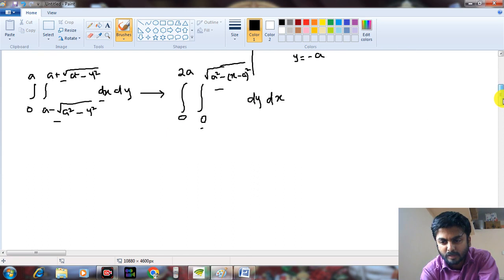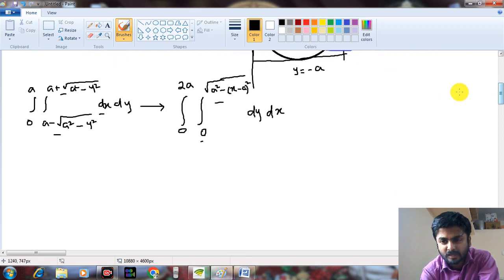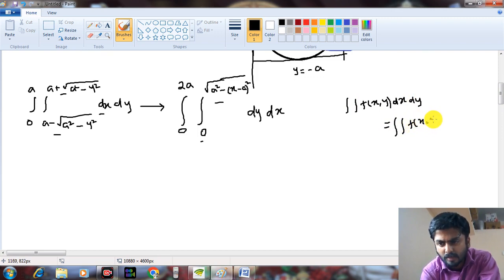Okay, because in double integration there is a property that the double integral of f of x comma y dx dy is equal to the double integral of f of x comma y dy dx.